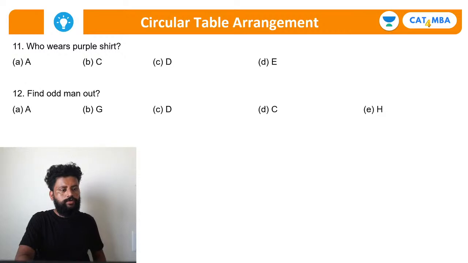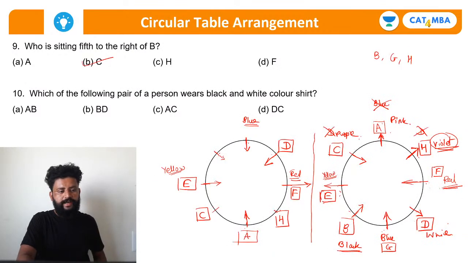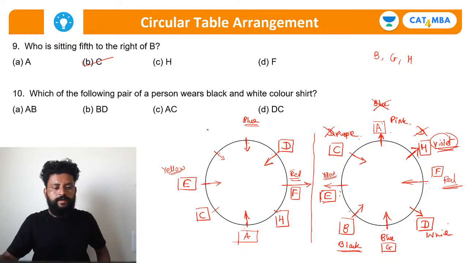Find the odd one out. It's A, G, D, C, H. A, G, D, C. There's something wrong with this.